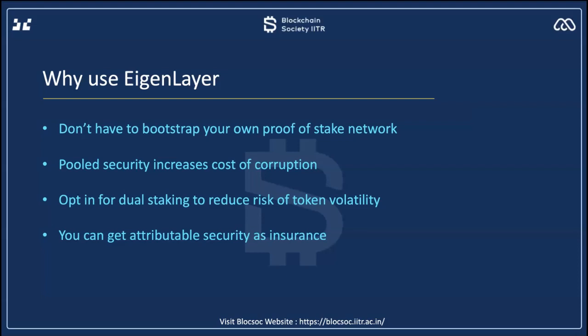The other thing is basically pooled security, because pooling security increases the cost of corruption for everyone. So imagine that you are using a DApp, and the app has some underlying services that it uses. It uses Ethereum because it's built on Ethereum.